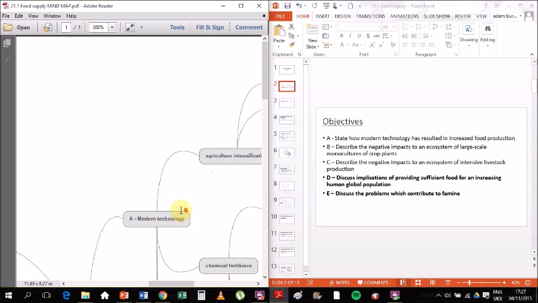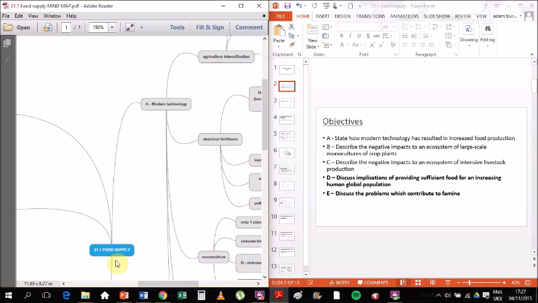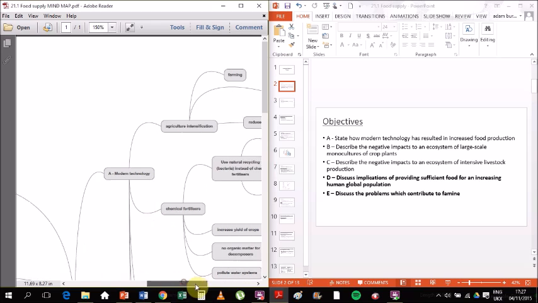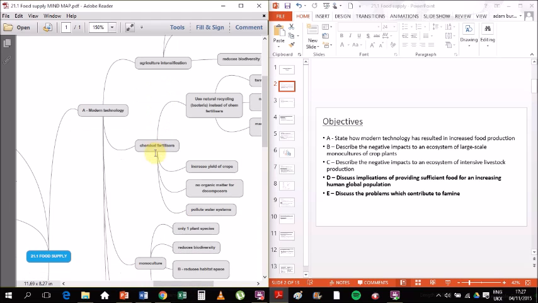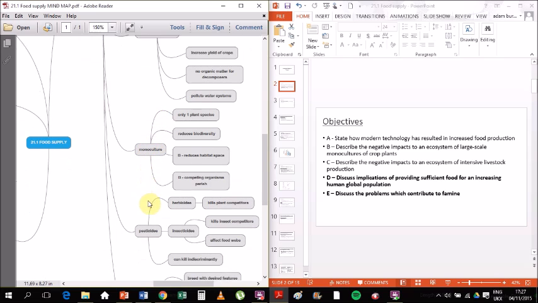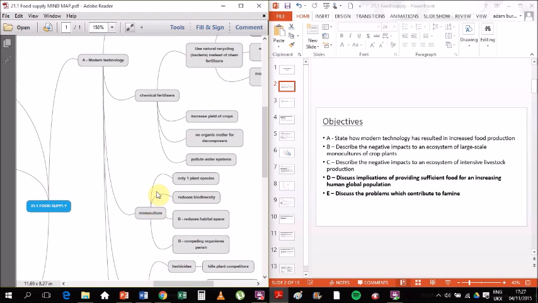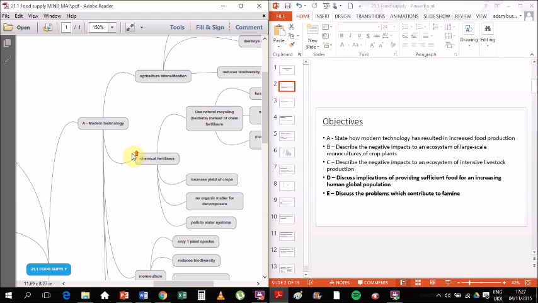And modern technology is a huge topic, and it fits into the food supply section. Basically it comes down to quite a few things: agricultural intensification, chemical fertilizers, monoculture, pesticides, and selective breeding. Now, all these things are about making our food supply as good as possible.